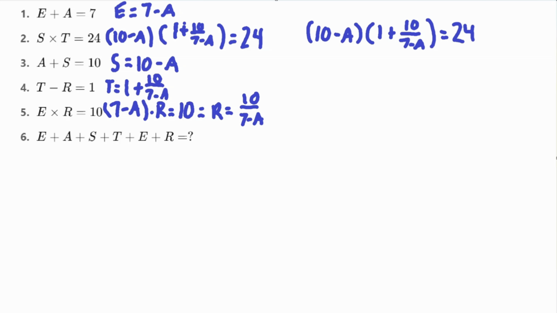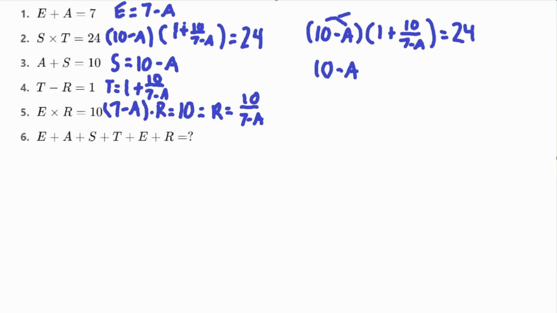So let's go ahead and do this math. Here we have 10 minus A times 1 plus 10 over 7 minus A. What I'm going to do is multiply both of these terms: 10 minus A times 1, and then 10 minus A times 10 over 7 minus A. So 10 minus A times 1 is simply 10 minus A, right?